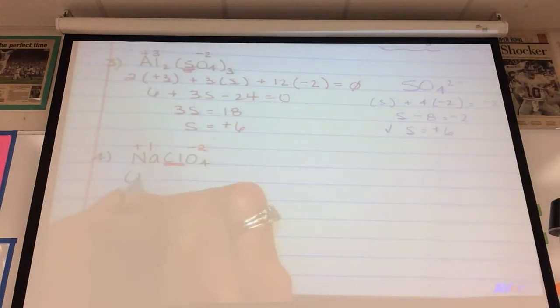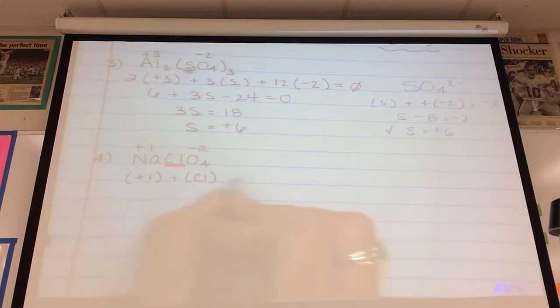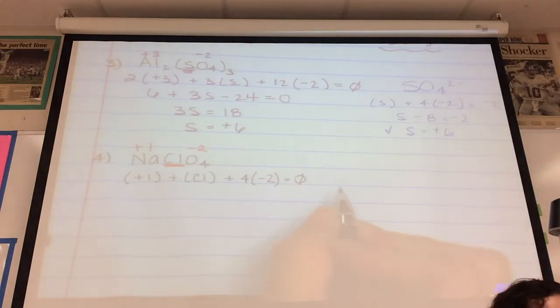We have 1 sodium. We're looking for chlorine. How many O's do we have? Oxidation number of oxygen, -2. We set it equal to 0. Try and solve it.